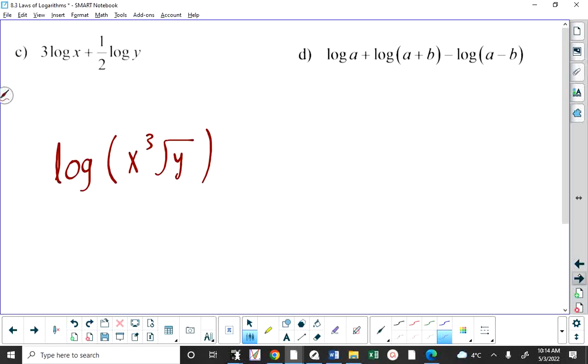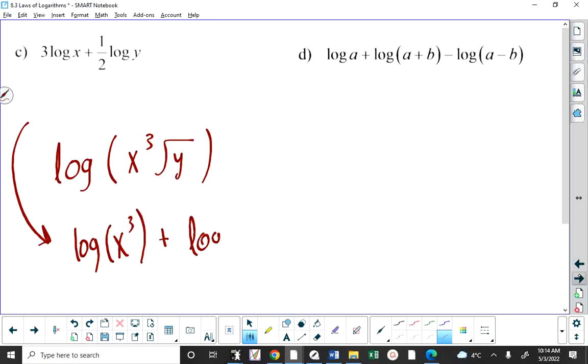The intermediate step would be to say that this is log of x to the 3 plus the log of y to the half, and then say it's a product, so it's two logs being added, so I'm going to write the log of the product, and then finally say that half as an exponent means square root.